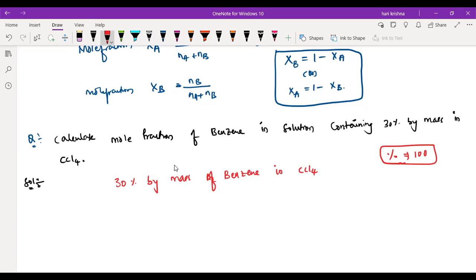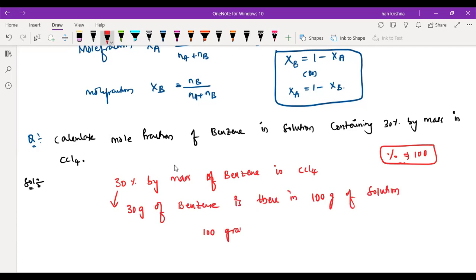So from this statement we can write 30 grams of benzene is there in 100 grams of solution.